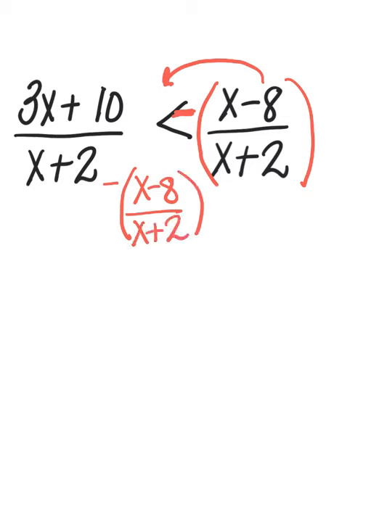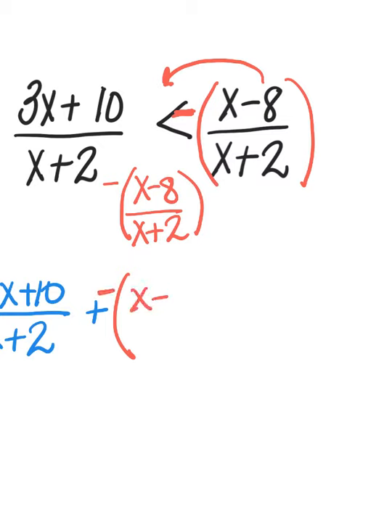All right, and I'm going to take this very slowly so that I don't make any careless errors. So I didn't do anything to my first fraction on the left, so it's going to stay 3x plus 10 over x plus 2. And then I'm adding this negative fraction, negative x minus 8 over x plus 2.